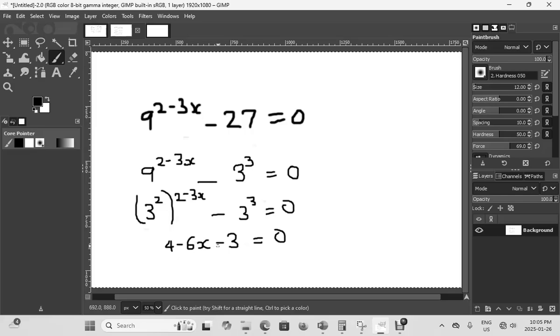We know that 4 minus 3 is 1, so minus 6x plus 1 equals 0. Therefore x equals negative 1 over negative 6, which means x will be equal to 1 over 6.